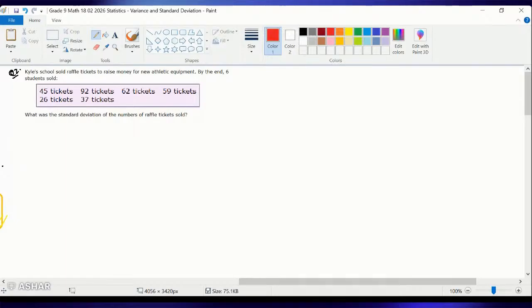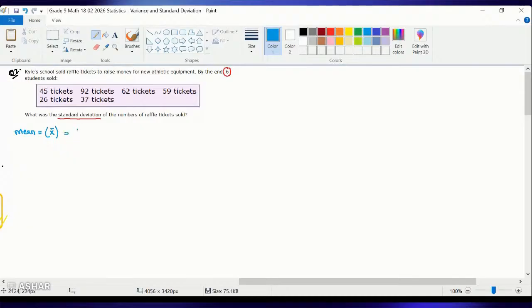Kyle's school sold raffle tickets to raise money for new athletic equipment. By the end, 6 students sold, right? These are the number of tickets sold by 6 students. We need to find the standard deviation. The first thing first, we can find the mean. Mean is written with x bar.